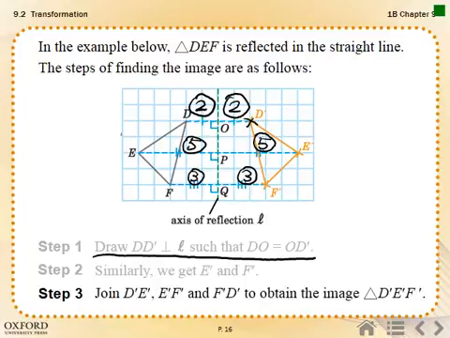For triangle DEF, we draw D, E, and F, and then back to D. For the triangle D'E'F', we draw D', E', F', and back to D', and so we can draw the image of triangle D'E'F' finally.